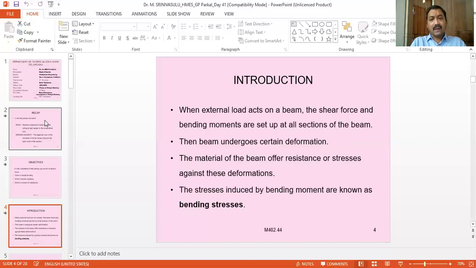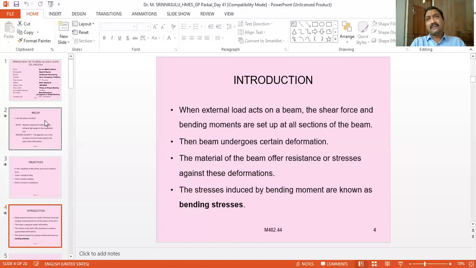So now here we have to define a term, bending stress. What is bending stress? Whenever a beam is subjected to certain external loads, some shear forces will develop and some bending moments also will develop, and that will lead to the development of bending stresses.